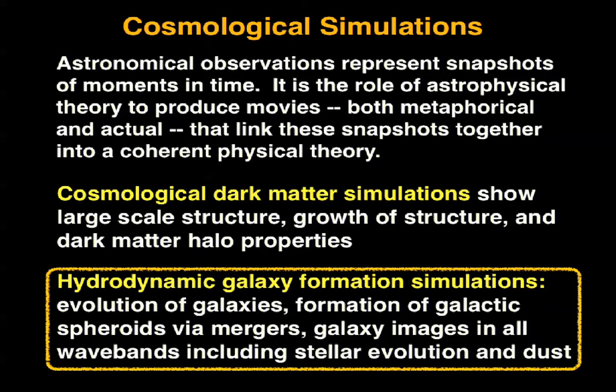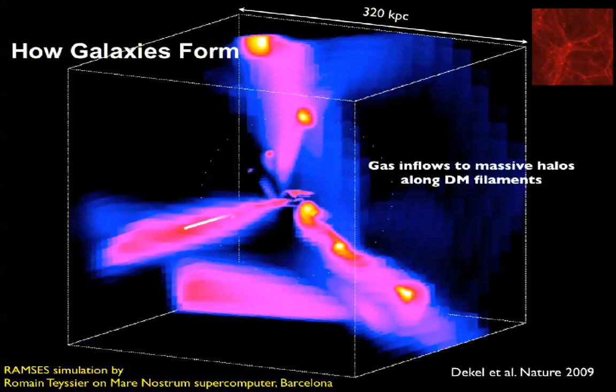Going on to hydrodynamic simulations. So this is a beautiful visualization of a simulation that Roman ran on Mare Nostrum. So to feed a forming galaxy here, you have both small galaxies and also gas flowing in on filaments.